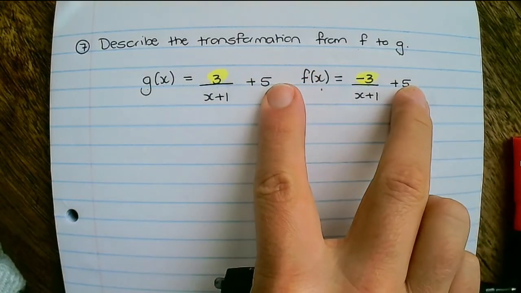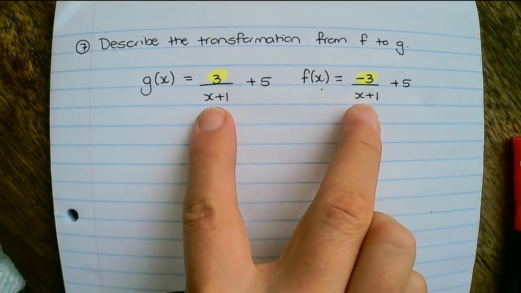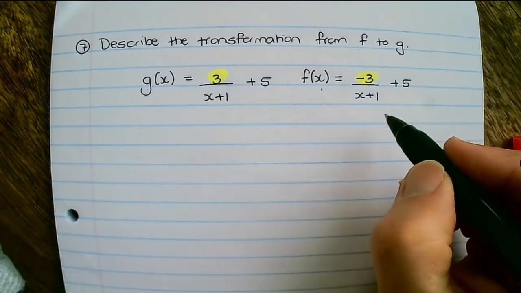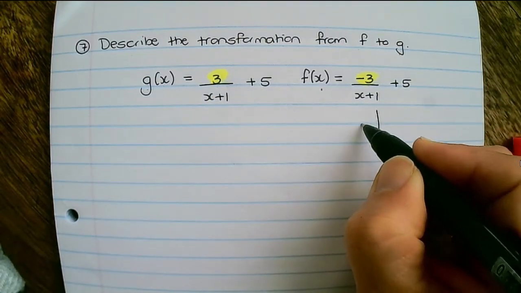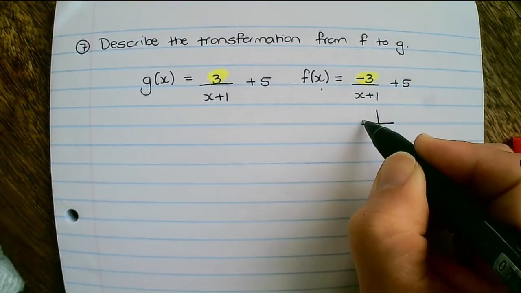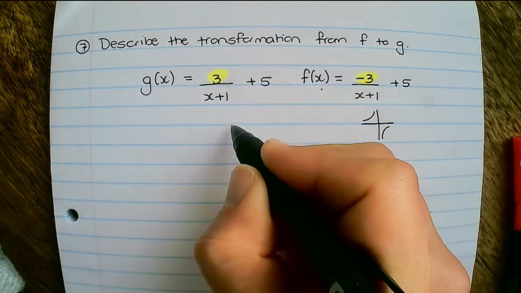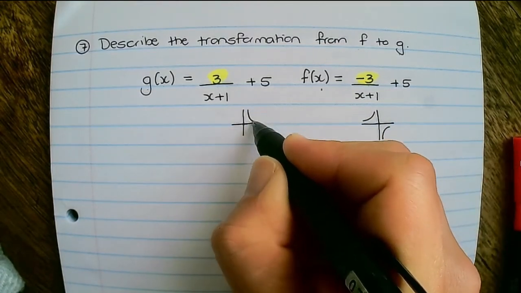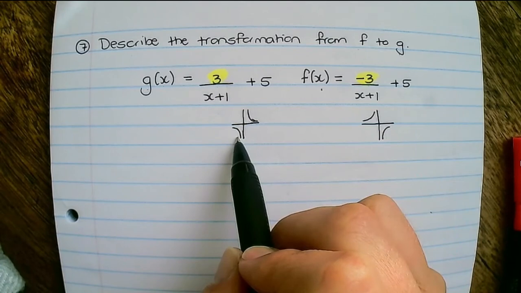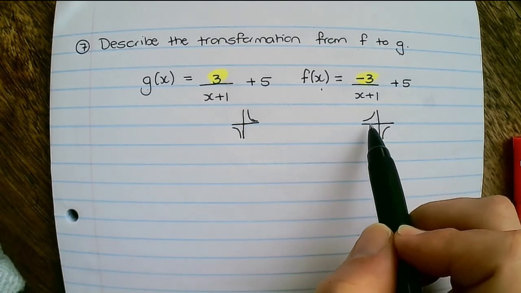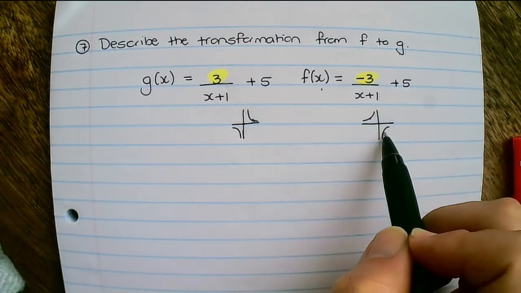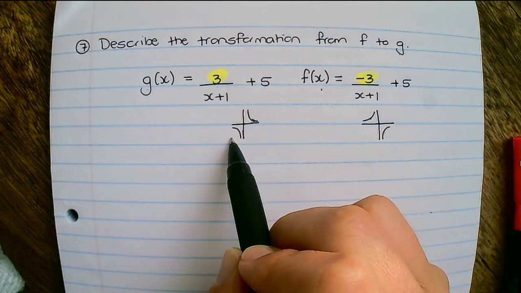The q value and the p value are still the same. And remember, the a value shows the quadrants in which the graph exists. So we only shifted the quadrants from quadrant 2 and 4 to quadrant 1 and 3.